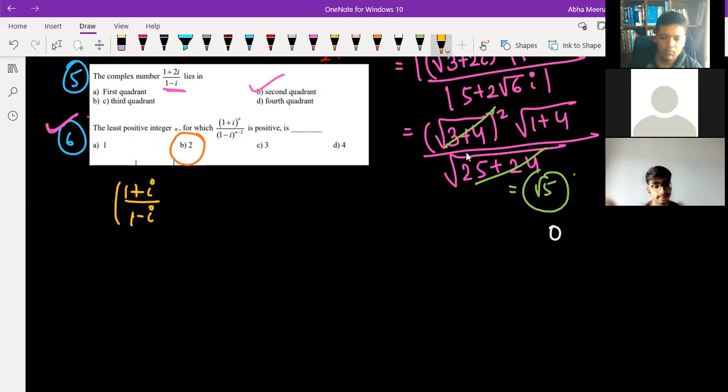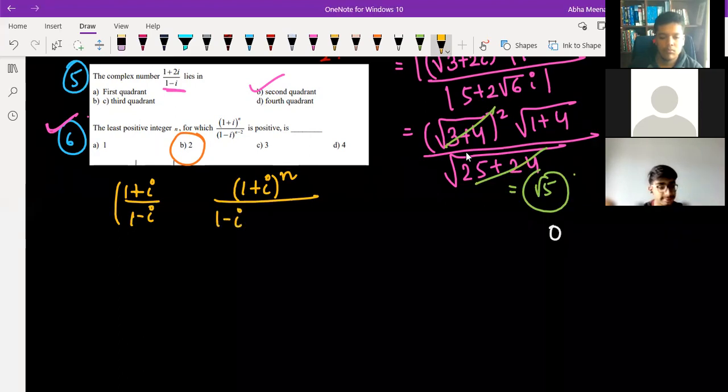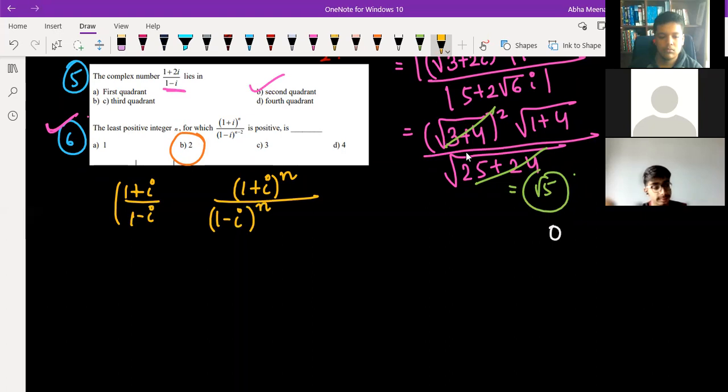Here, the numerator is 1 plus i to the power n. And what about the denominator? Can I write the denominator as 1 minus i to the power n into 1 minus i to the power minus 2? Can I write it this way?